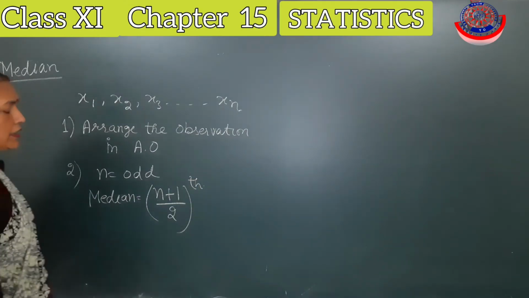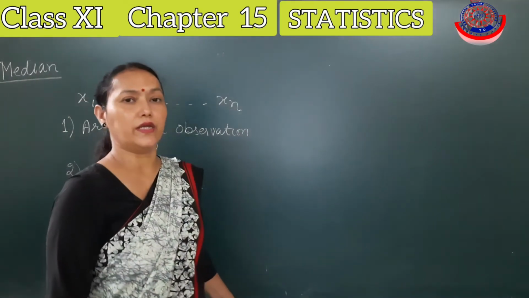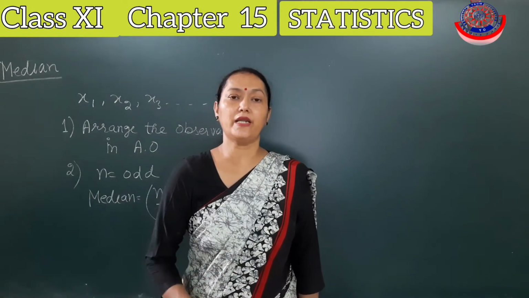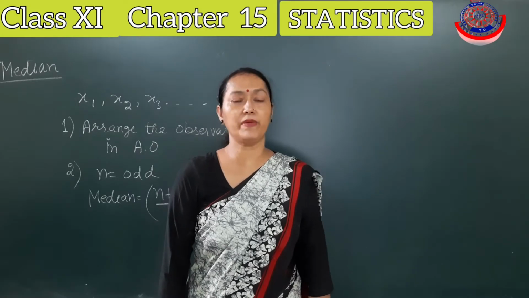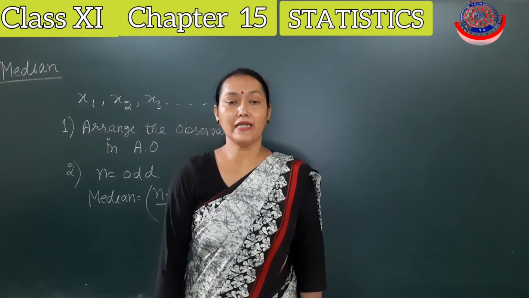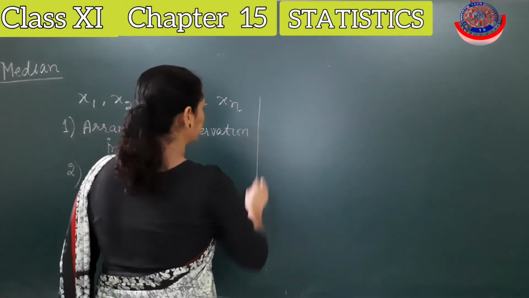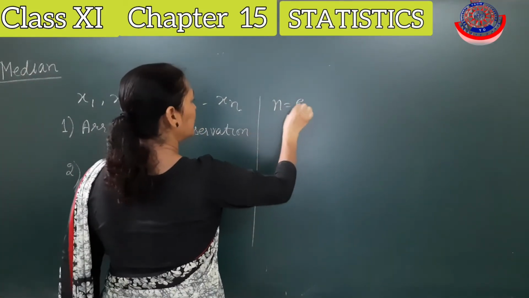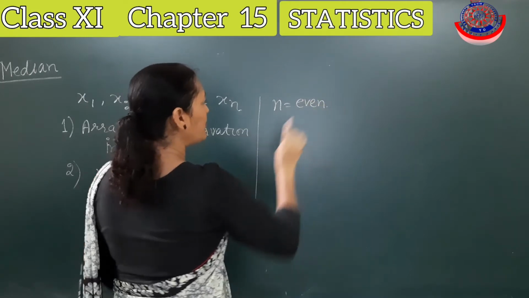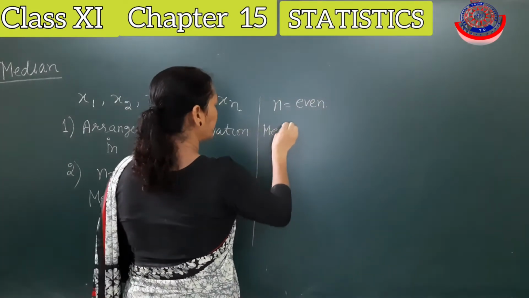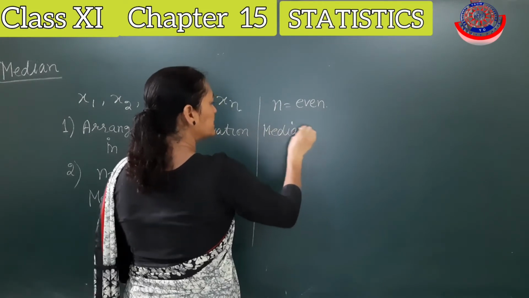Suppose we have 9 terms, then median would be 9 plus 1, 10, 10 upon 2. The fifth term will be our median. But in case n is even, we will be having 2 middle terms. So median would be the average of both the terms.